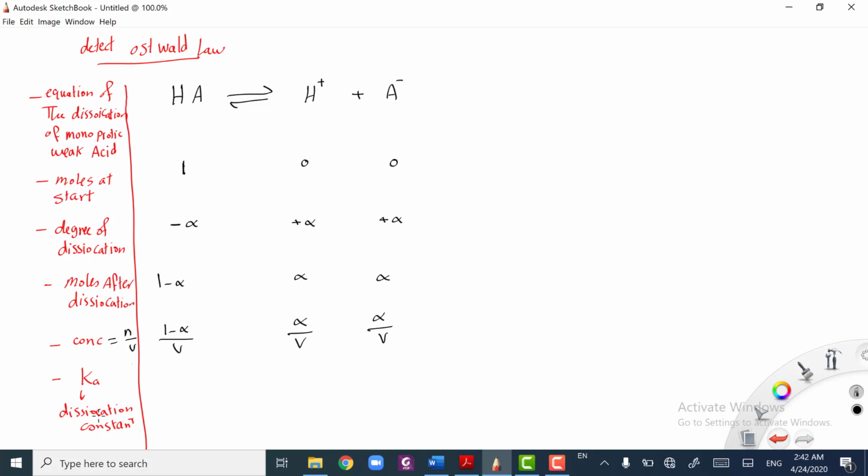The dissociation constant Ka equals the concentration of the products over the concentration of the reactant.